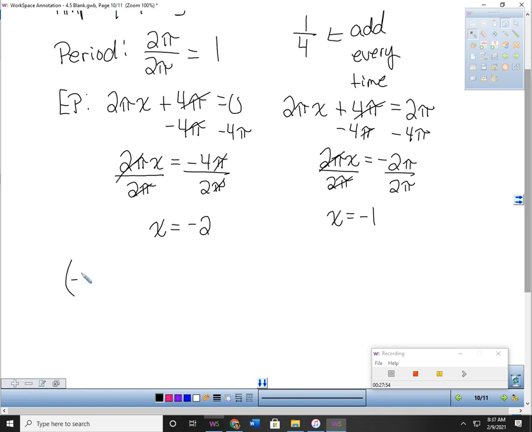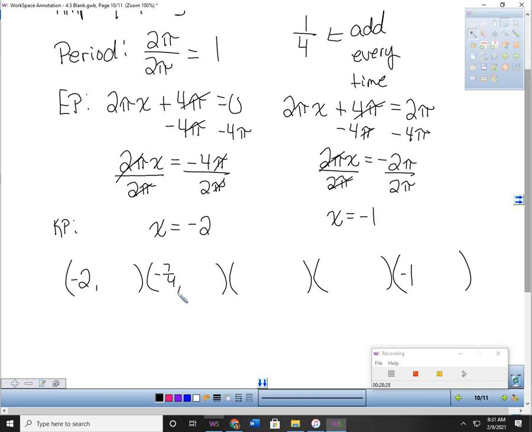So my first point, the x value is negative 2. These are my key points, by the way, if you want to put that on there. And I should end at negative 1. And we already established that every time I'm going to add 1/4. So if I take negative 2 and I add 1/4, I get negative 7/4.